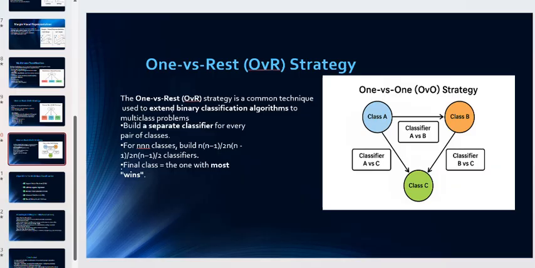Another method is one versus one, where we train a classifier for every pair of classes. For n classes, we create n times n minus 1 divided by 2 classifiers. For four classes, that means six classifiers. These diagrams show the pairwise comparison. It works well for a small number of classes, but becomes complex if there are many classes.